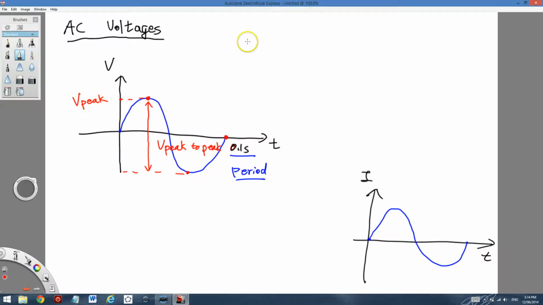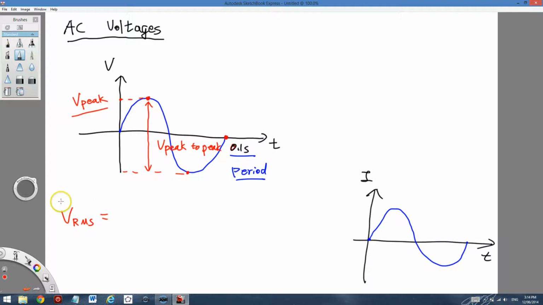Now, the other important thing is that when we're doing calculations in electronic circuits, we never use the peak voltage or the peak-to-peak voltage. We always use something called the RMS value.